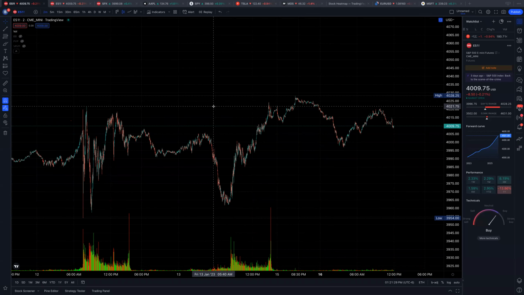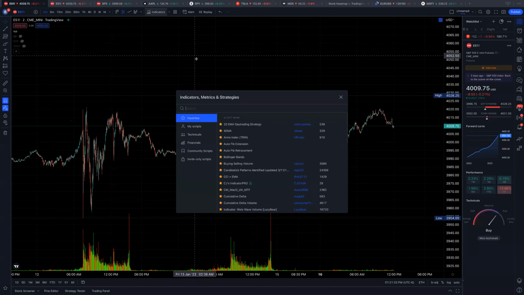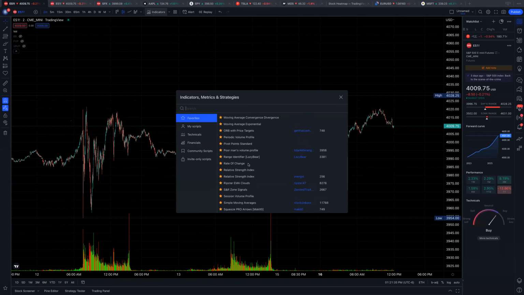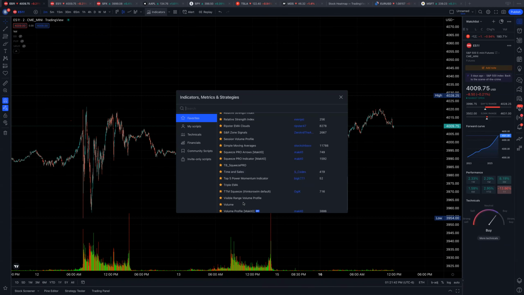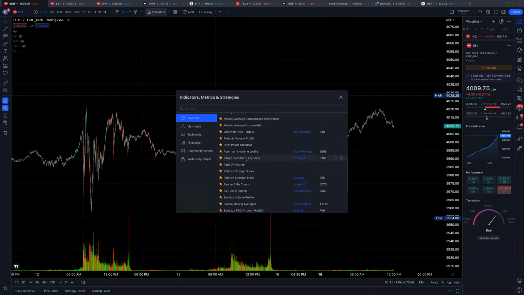So, first of all, let's go over what indicator this is on the TradingView platform. There is one specific indicator on this that I like to use. TradingView has a ton of volume profile indicators.